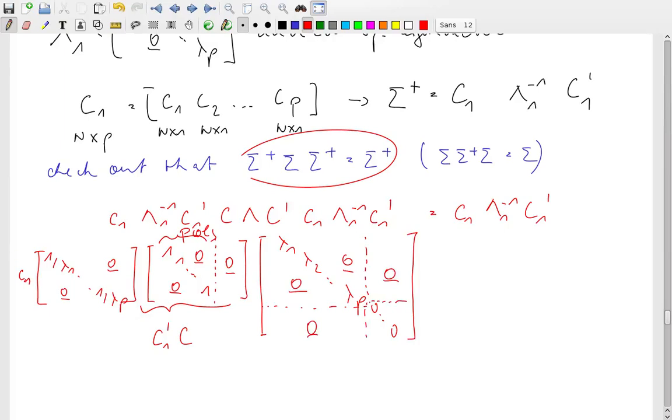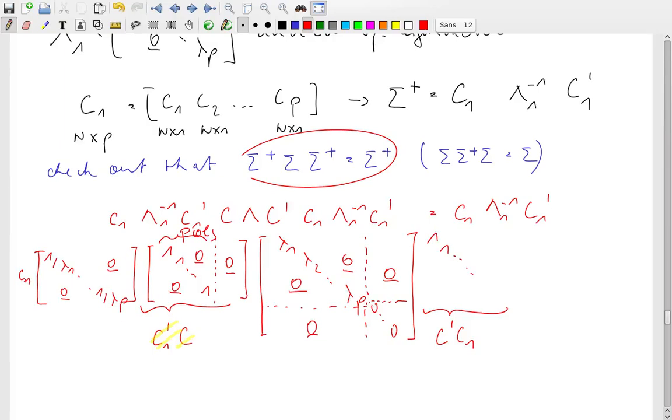Then we would have the matrix C prime C1, and you see that this is just the transpose of that matrix, right? C prime C1 is the transpose of C1 prime C, so we can write the transpose of that matrix, and that would look like that.